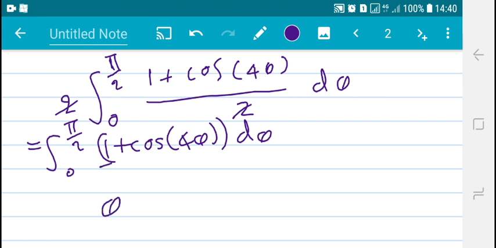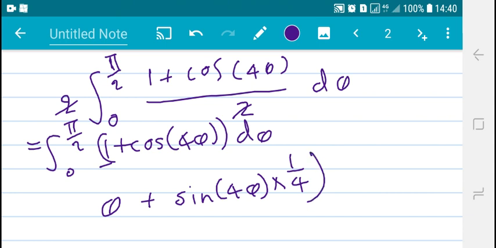The antiderivative of cosine of 4 theta is sine of 4 theta, but we have to multiply by a quarter, since if we differentiate sine of 4 theta, we get cosine of 4 theta times 4. To cancel out that 4, which is the inner function according to the chain rule, we multiply by a quarter. Then we evaluate this antiderivative from 0 to pi over 2.